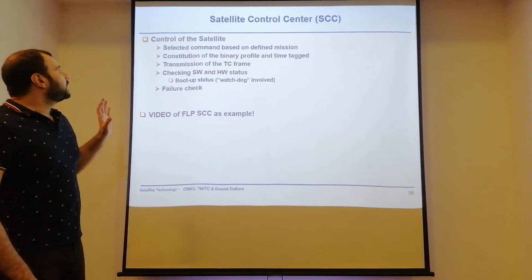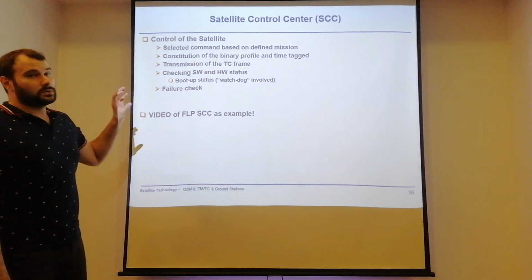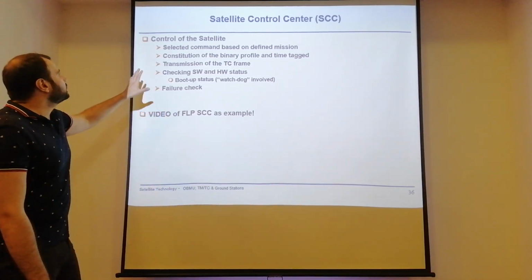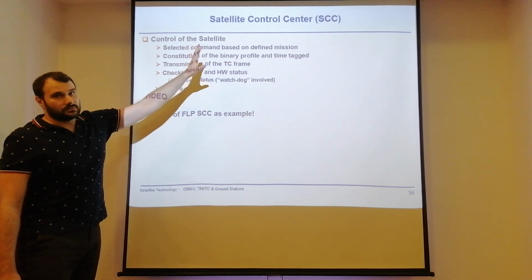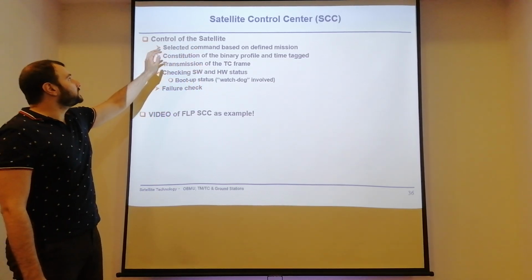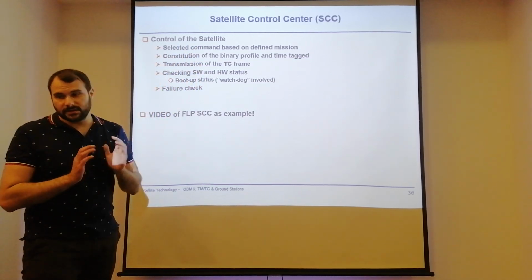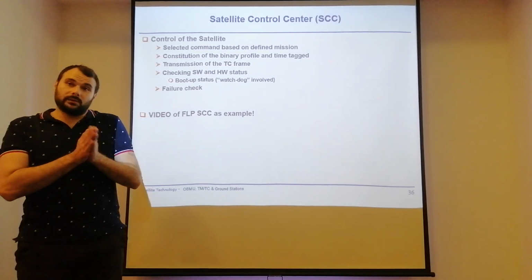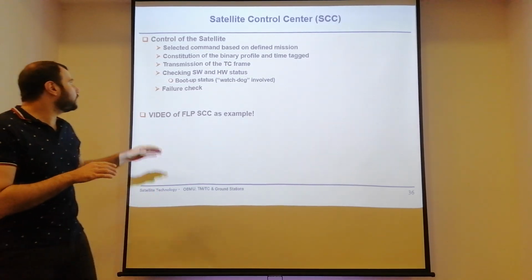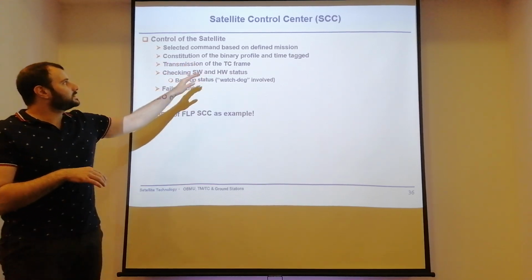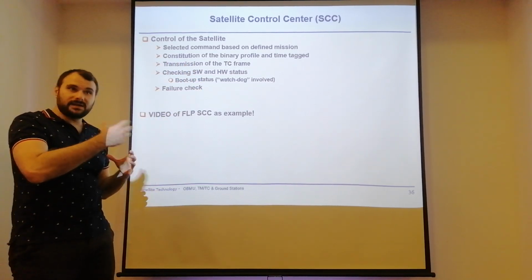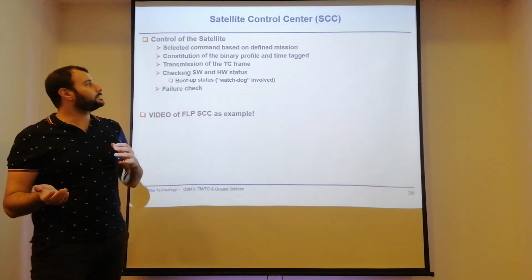Now, let's have a final look at the satellite control center. The requirement and the objective of the satellite control center is to control our satellite. This is where all the selected commands come together based on the defined mission.